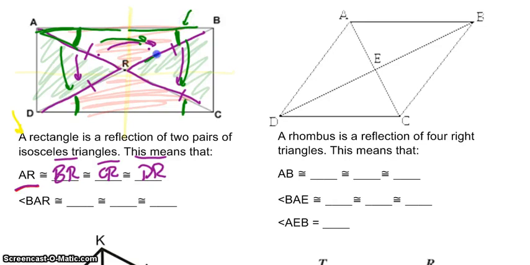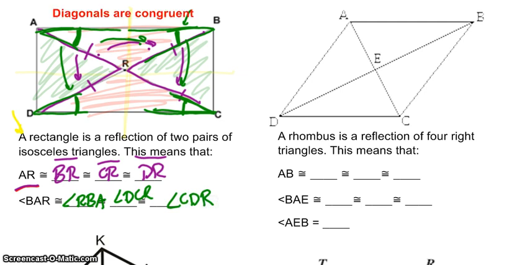This one would be angle RBA. This one we call angle DCR. This one we call angle CDR. Perfect.